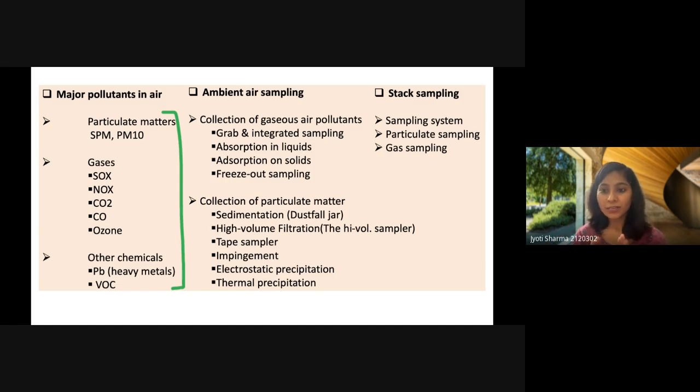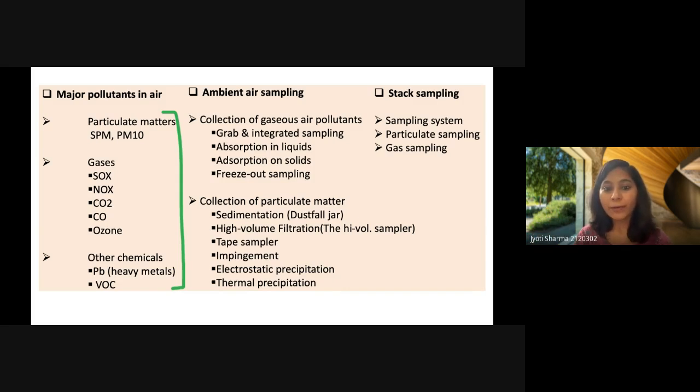The first thing is we must have the sampling. We do have sensors, but if we do not have that particular sensor to see how much concentration of particulate matter we have in the air, then we have to sample it.